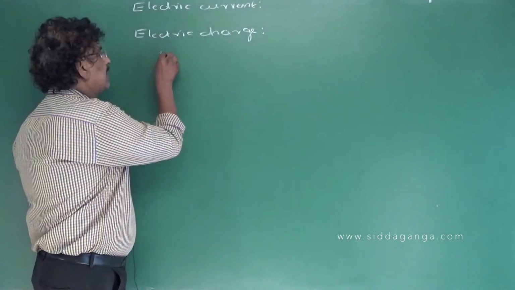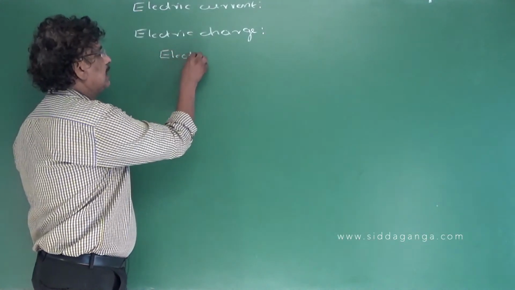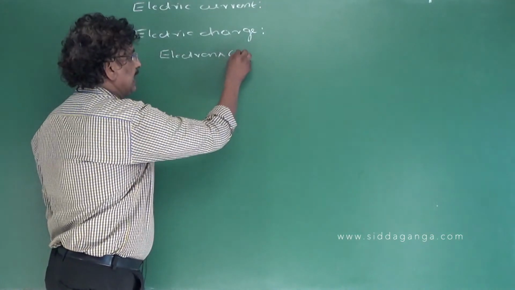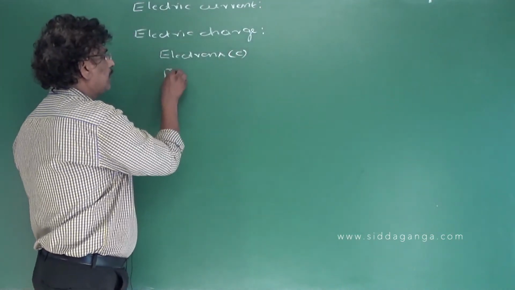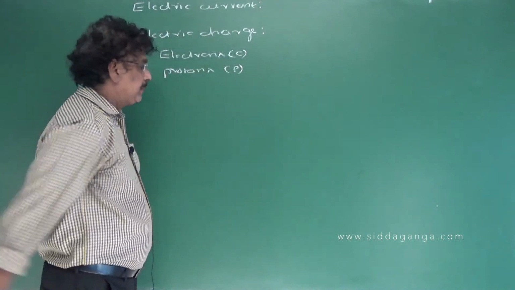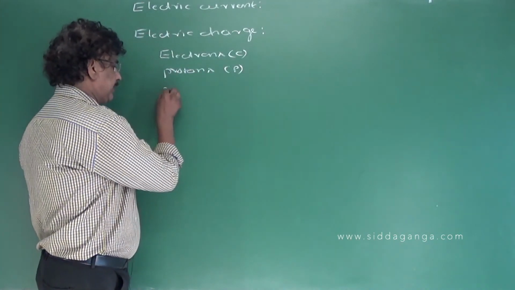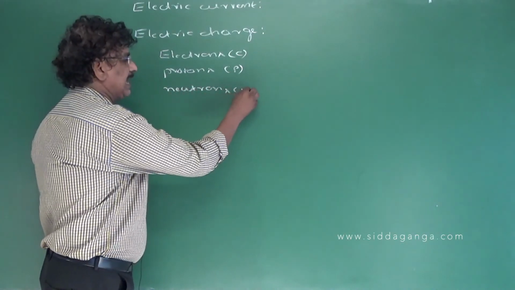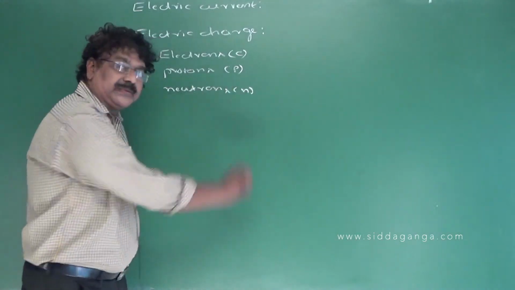Now, those three fundamental particles are electrons, say E, protons, say P, and neutrons, say N, right?